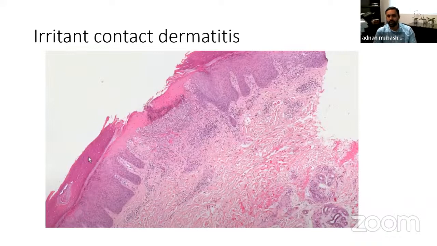The more data you have, the more precise a diagnosis you can give. But if you just say spongiotic dermatitis and this is the differential diagnosis, I think 90-95% of the job of a dermpath is done, because you've ruled out all the other entities and you've narrowed the differential down to 2, 3, or 4 entities.